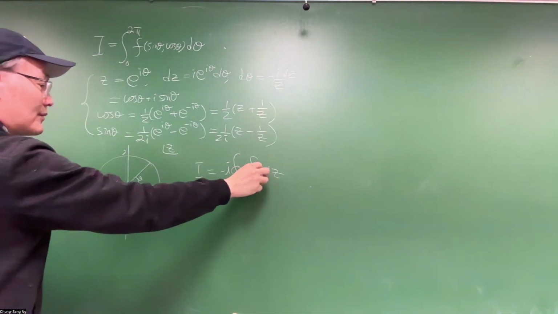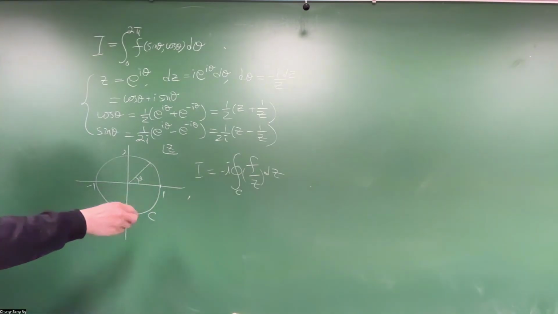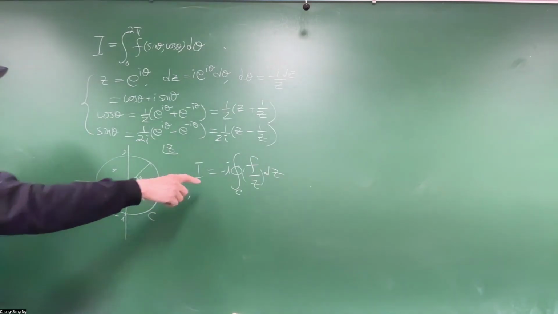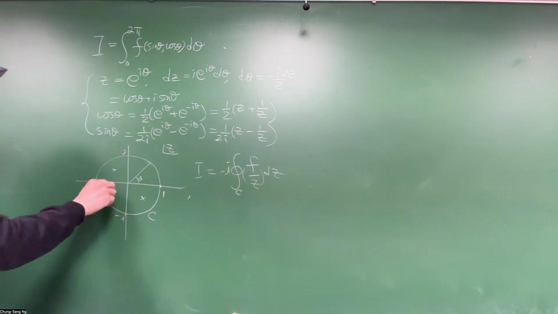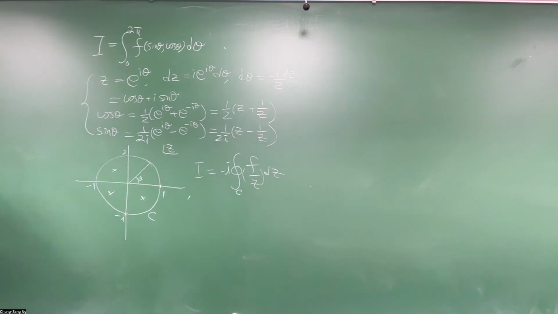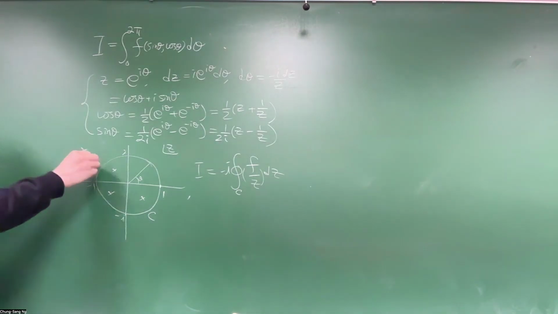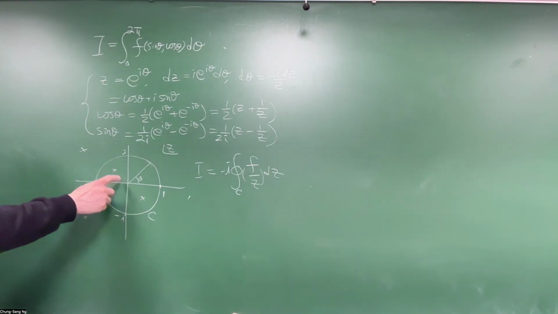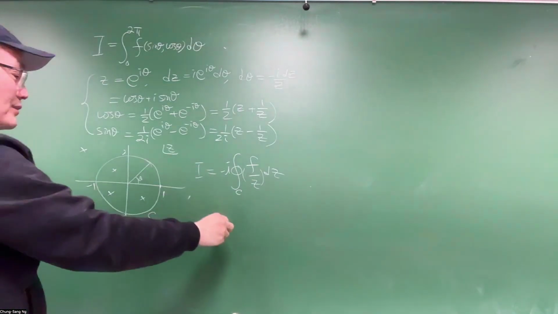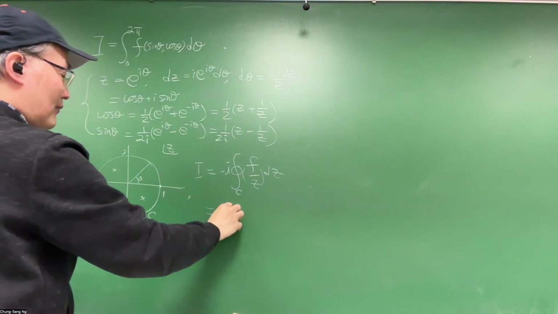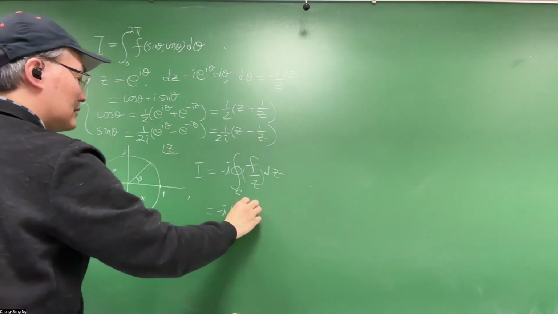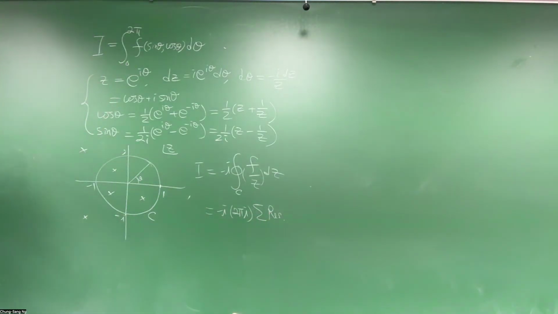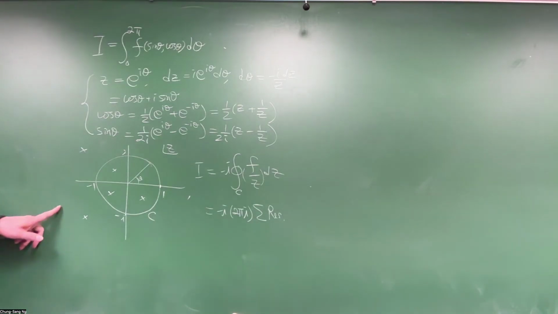So now you look at the integral of f over z, and where are the singularities inside? If the function f over z has some isolated singularities within the unit circle, they might have some outside also, but you only count those inside the unit circle. And obviously that would be minus i times 2 pi i times the sum over the residues, and that would be the answer.